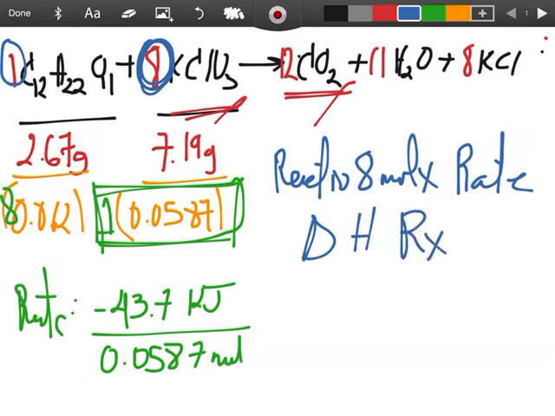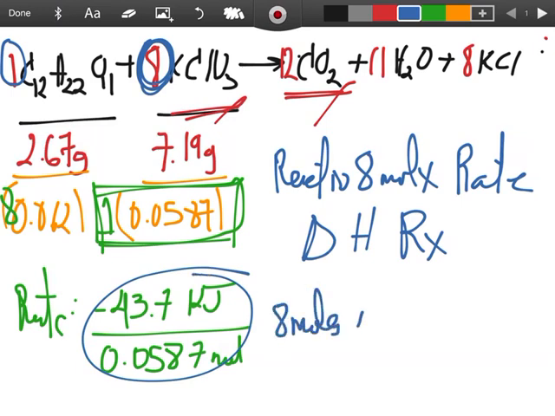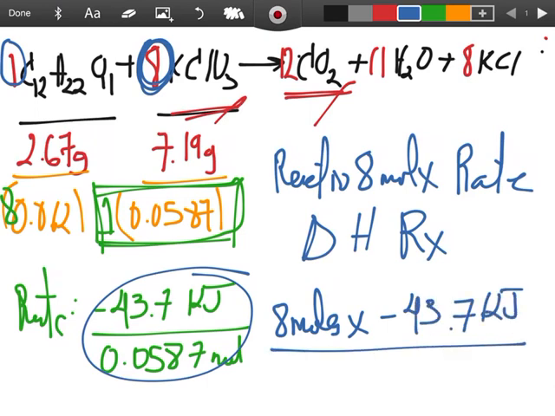So if this is true, the rate is going to be this number. So if I multiply 8 moles times minus 43.7 kilojoules over 0.0587 moles, I'm going to get a number.